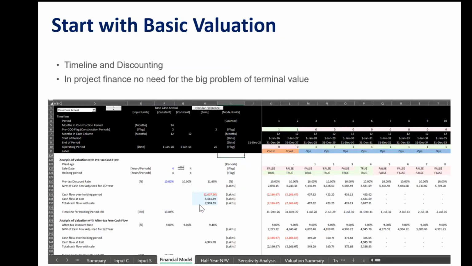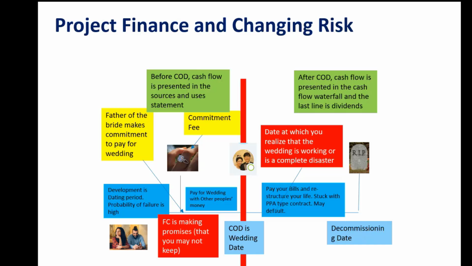To get past this, I have to talk about this horrible little thing I did before. I look at project finance as changing risk, and that's for me like a marriage. If you go on a date, there's not a very good chance that date leads to a boring marriage. Well, after you go on the date, that's your development period.